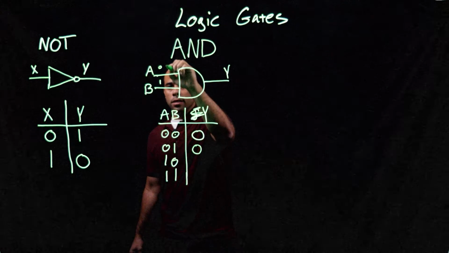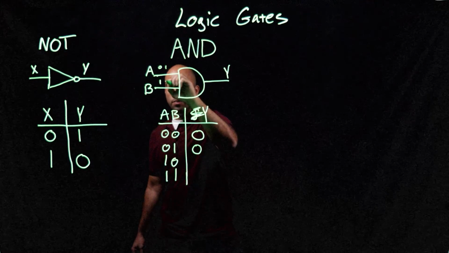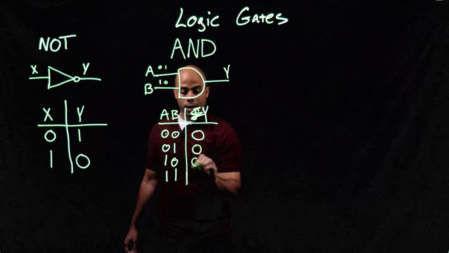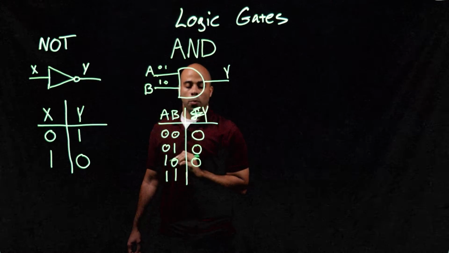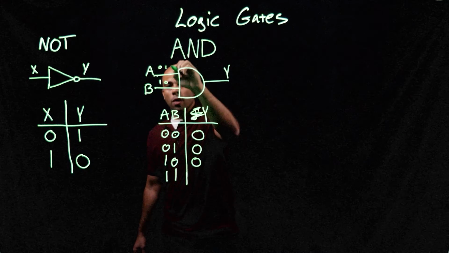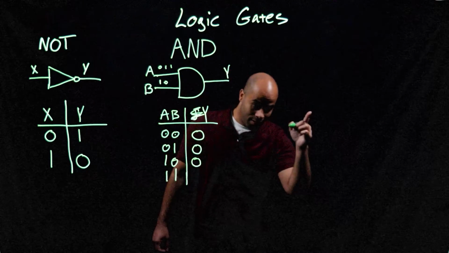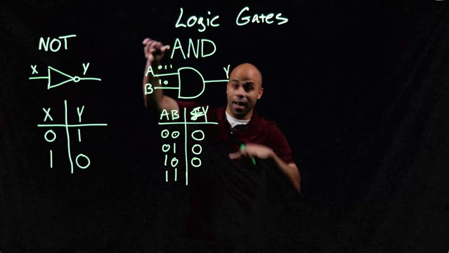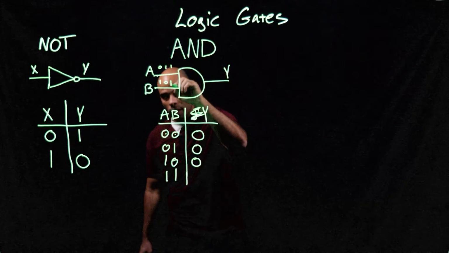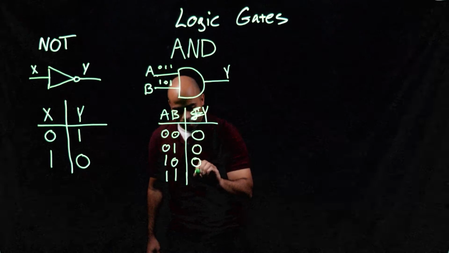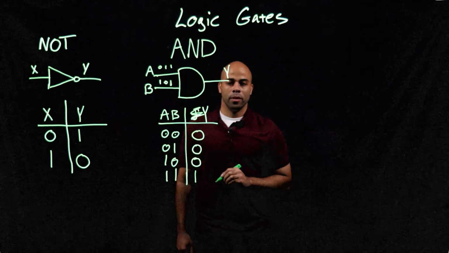And for the other case of A equals 1 and B equals 0, we again will have an output of 0. And then for our final case of A equals 1 and B equals 1, then our output will be equal to 1.